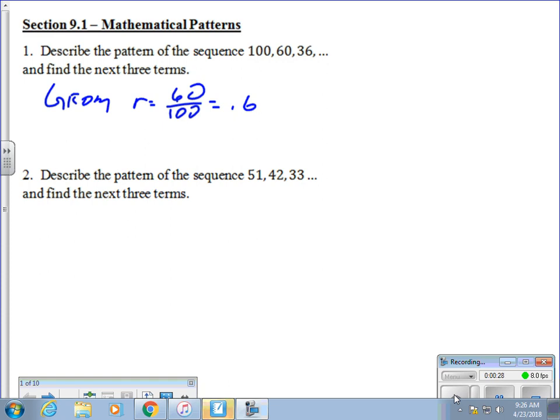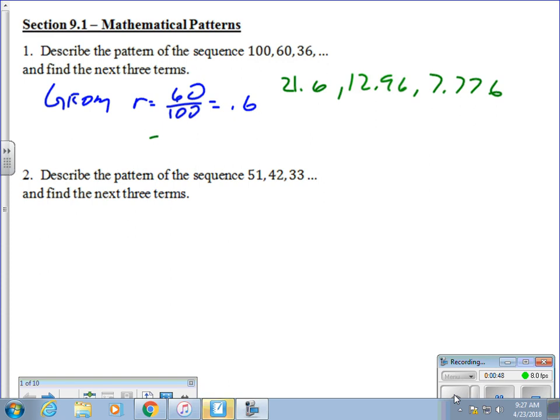0.6 times 36 gives you 21.6, and then 12.96, and then 7.776.